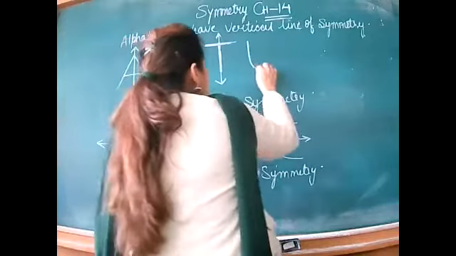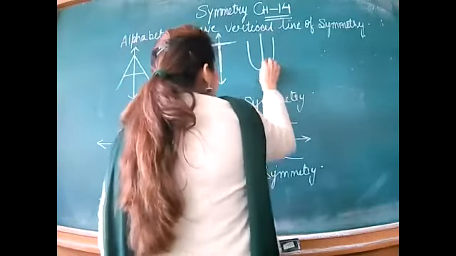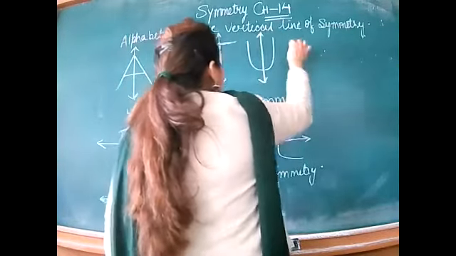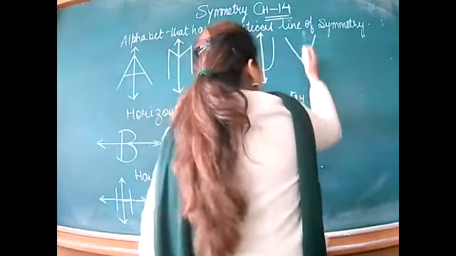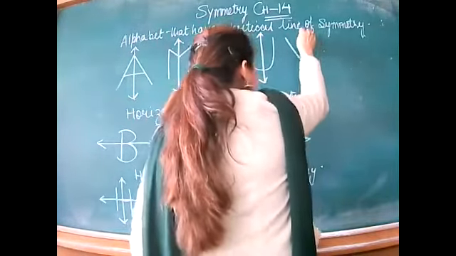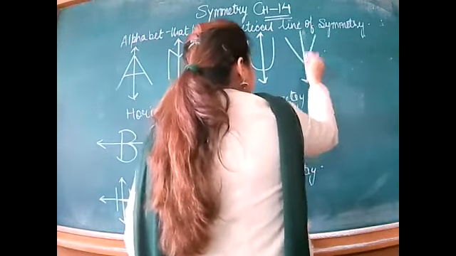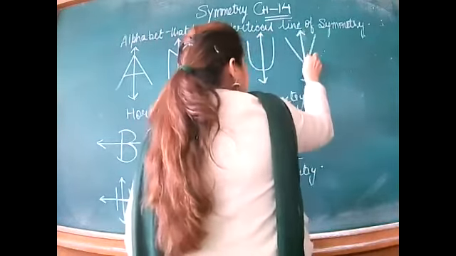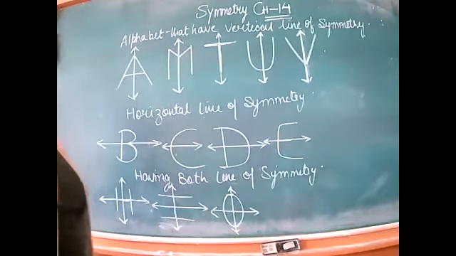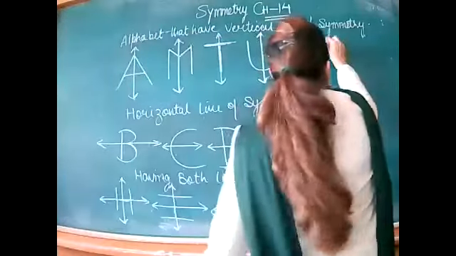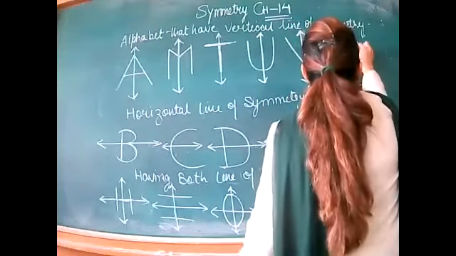U has a vertical line of symmetry. V has a vertical line of symmetry. W has a vertical line of symmetry.